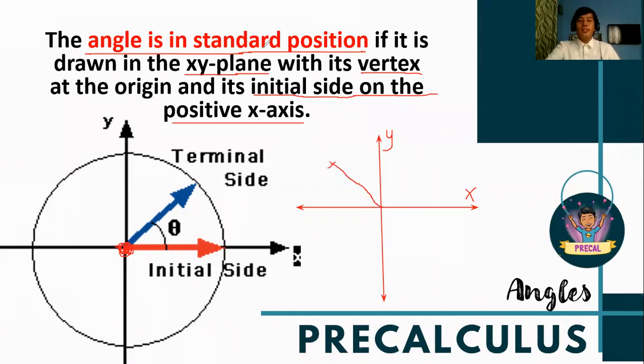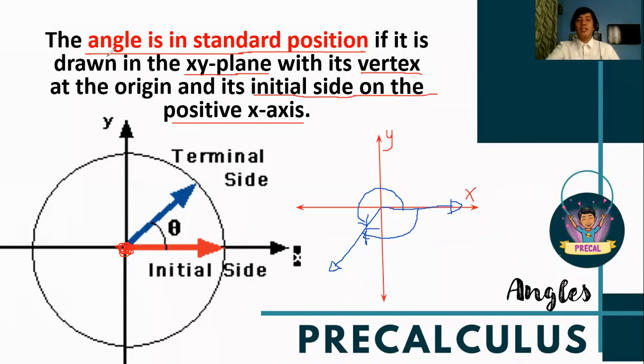So all the angles in trigonometry must start here as the initial side. And if you put, for example, a rotating ray here, there are two possibilities for the angle in standard position. Either it will rotate in a positive direction, or it will rotate in a negative direction. So these are the two possibilities.